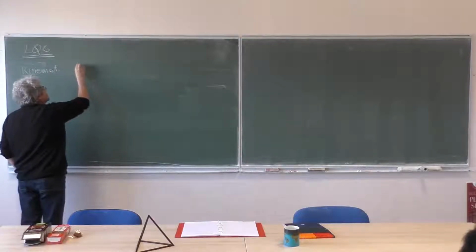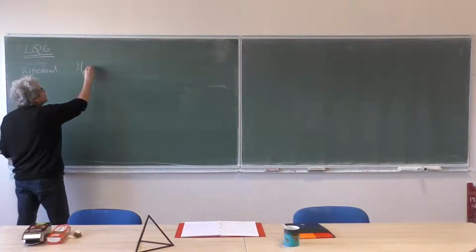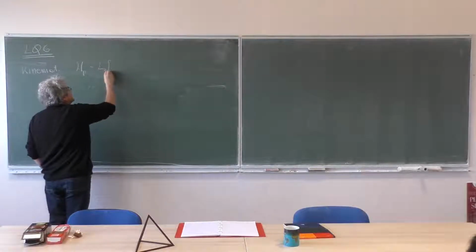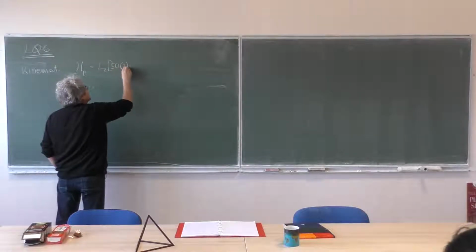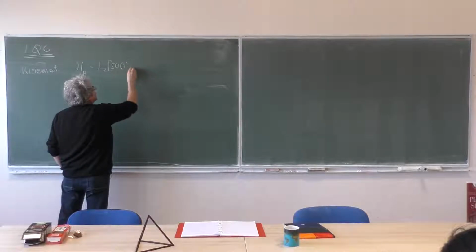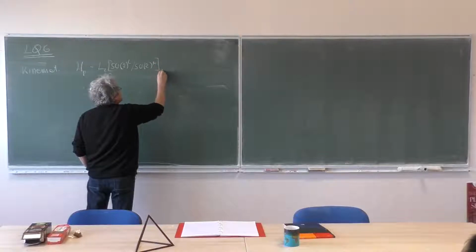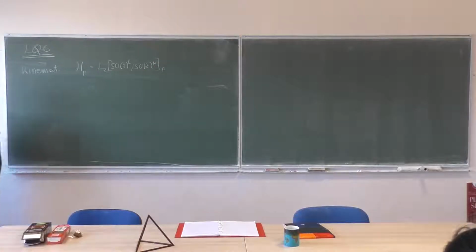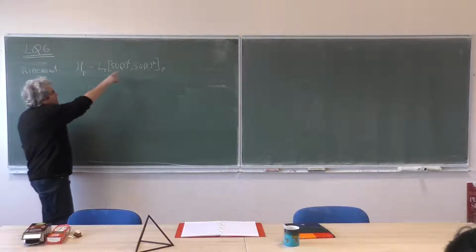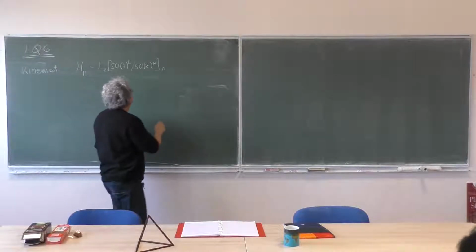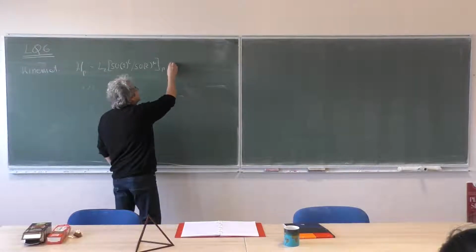in which we work in terms of Hilbert spaces associated to a graph, with the notation I introduced, SU2 to the L over SU2 to the N, where the action of the gauge on the group element is given by the graph.